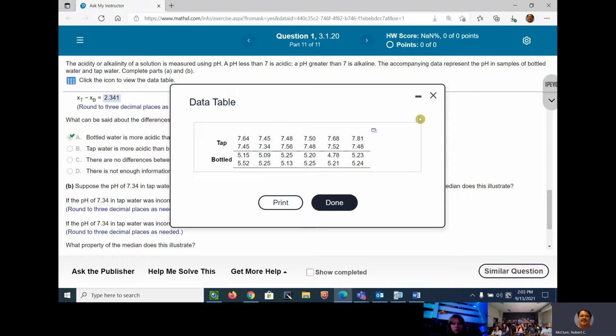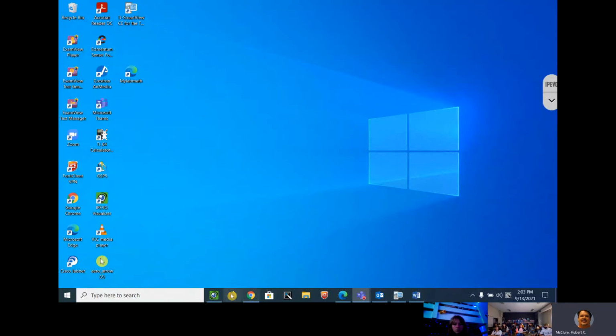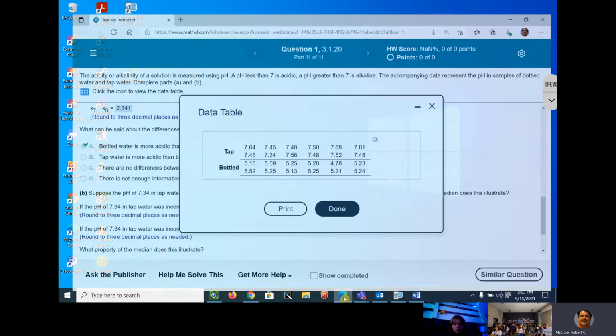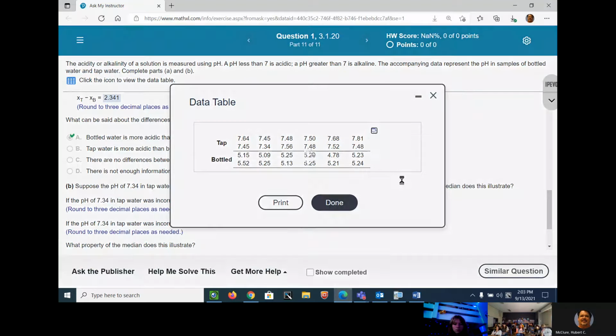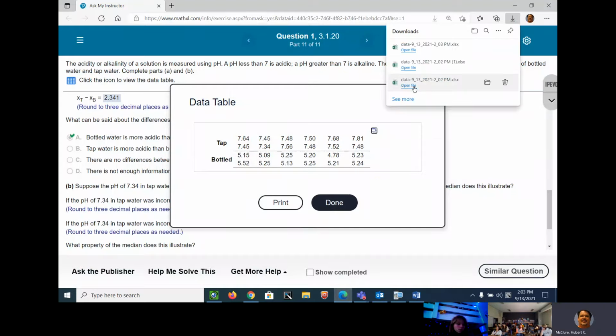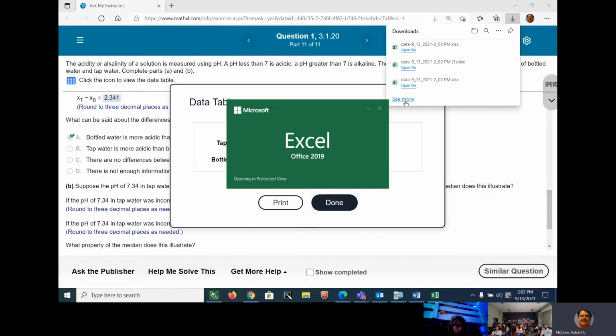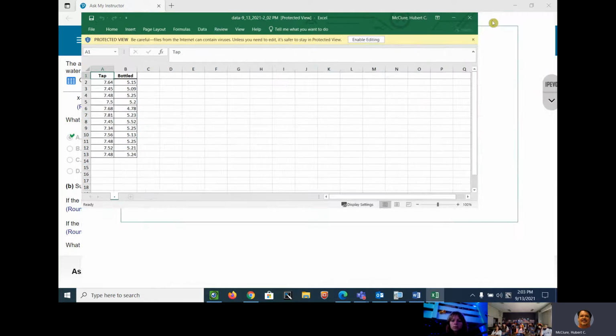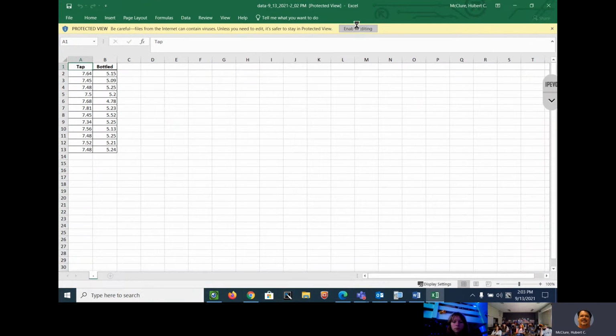I don't know why it's not pulling it up. Been pulling them up all day. Why has it stopped now? Breathe, Hubert, breathe. Open in Excel. Okay. The computer has now decided that we have to mash a button now. Okay, just started that in the last few minutes.